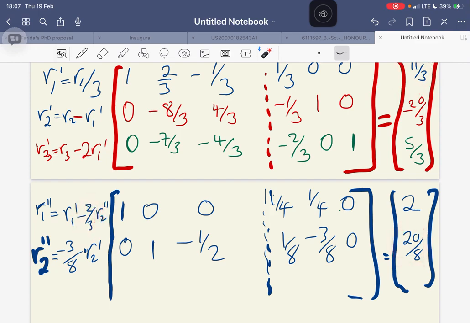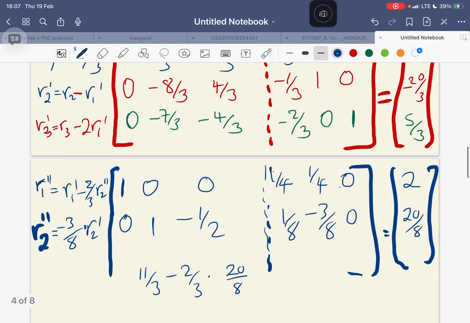So let's write it down. So we have 11 over 3 minus 2 over 3 times 20 over 8. So let's simplify. To simplify this, we can easily say, here we say 8 over 8 times this. So we are going to get 88 minus 40 over 3 times 8.